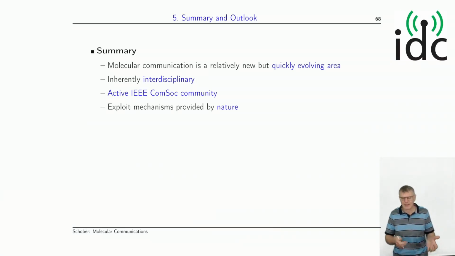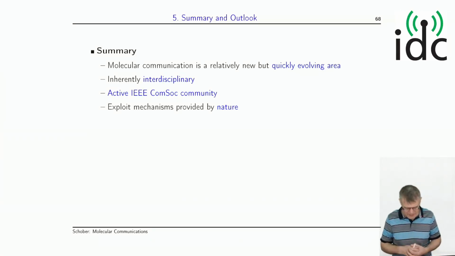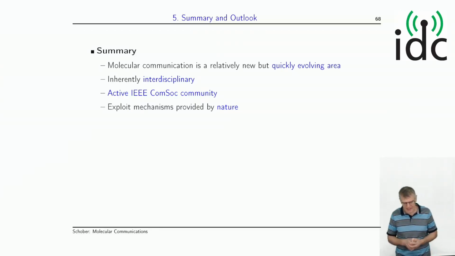So at ICC and GlobeCom, there's always a special track for molecular communications, and finally we now have a dedicated journal for this, the IEEE Transactions on Molecular, Biological and Multiscale Communication. So ComSoc invested a lot in this area, and it starts to bear some fruit.